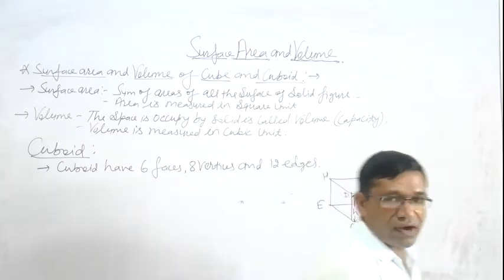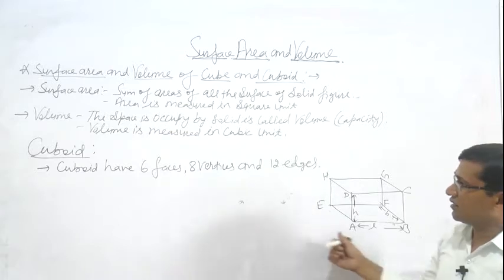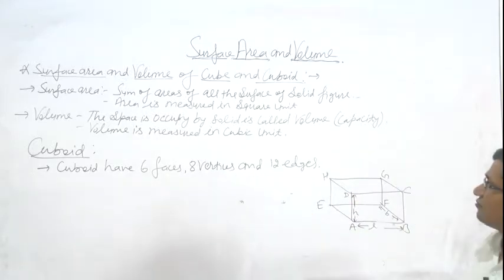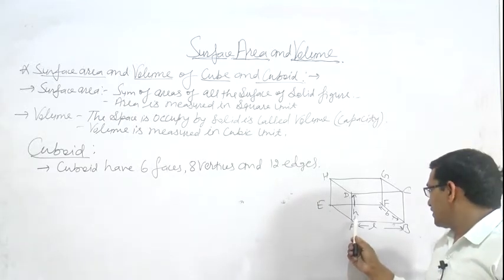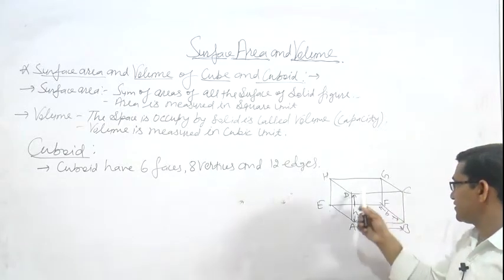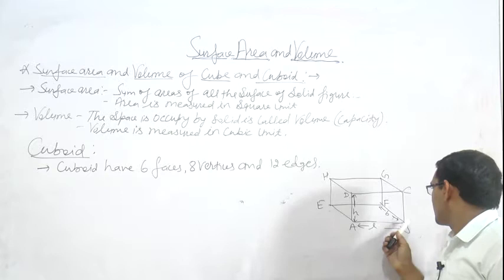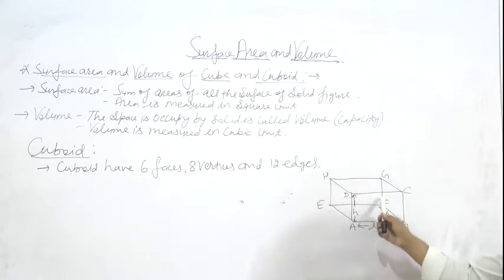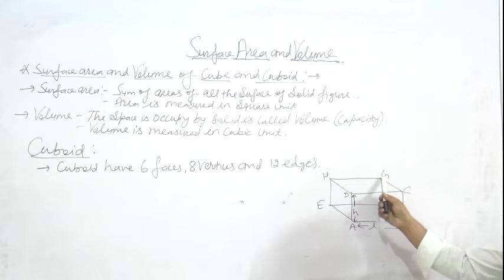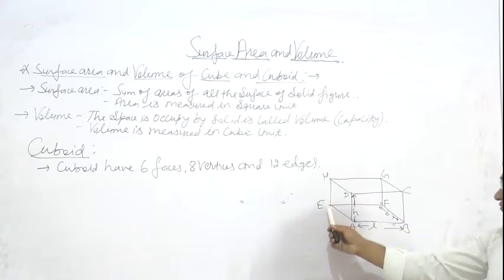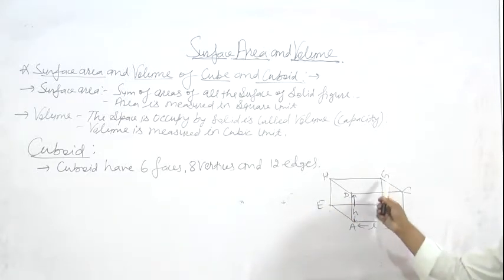A, B, C, D, E, F, G, H, these are the vertices of the cuboid. So a cuboid has 6 faces, 8 vertices and 12 edges. Which edges? A, B, B, C, C, D, A, D, then A, E, B, F, F, G, C, G, G, H, H, D, H, E, E, F, G, F. These all are the edges.